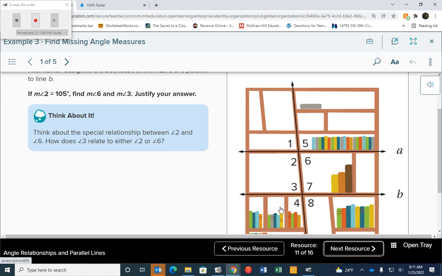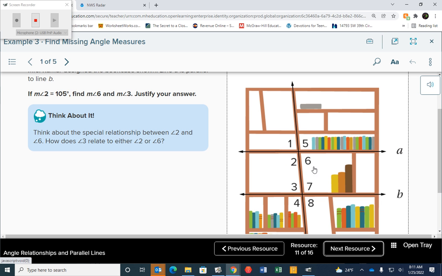Corresponding. Okay. 2 and 7 are what? Alternate interior angles. Okay. 5 and 4 are also what? Alternate exterior angles.